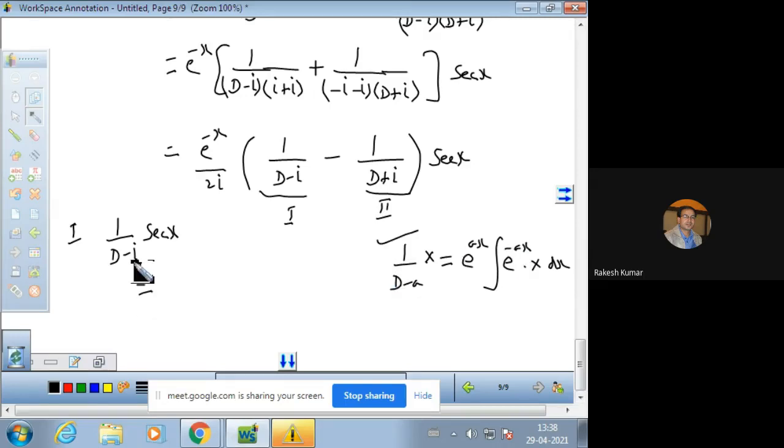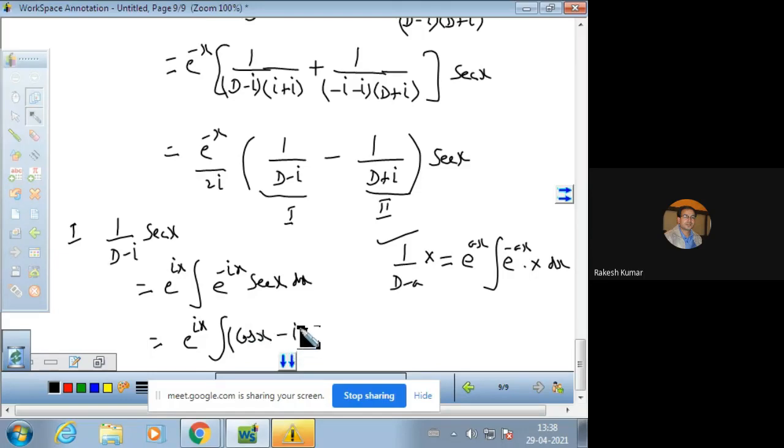So in place of a, we have iota, and in place of X is a function of x, that is secant x. So apply e raised to power iota x integral e raised to power minus iota x into secant x dx. And e raised to power minus iota x is by Euler identity cos of x minus iota sine of x, and secant is 1 over cos of x dx.